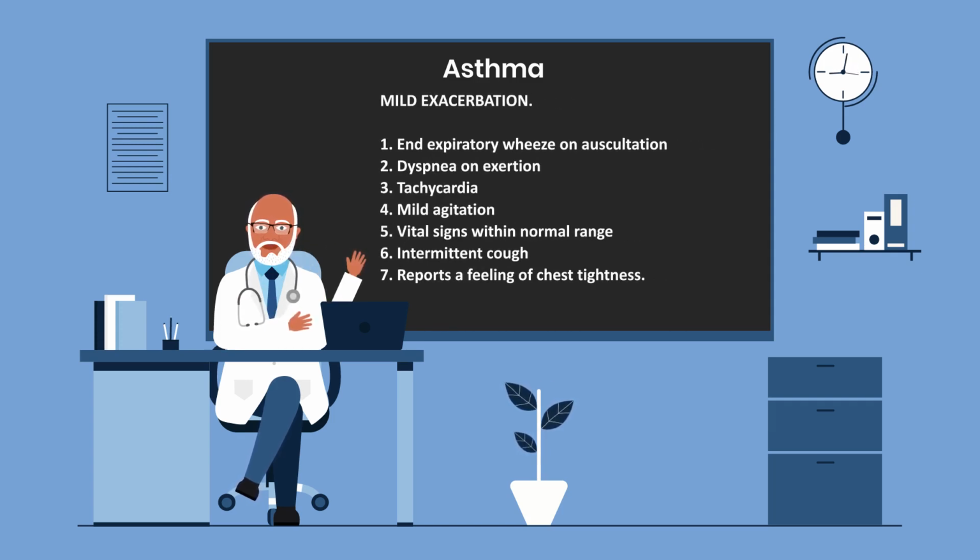This would include an end expiratory wheeze on auscultation, dyspnea on exertion, tachycardia, mild agitation. The vital signs are normally within normal range, and there might be intermittent cough, and the patients might report a feeling of chest tightness.